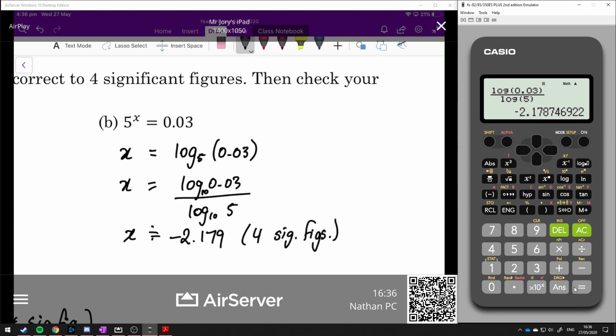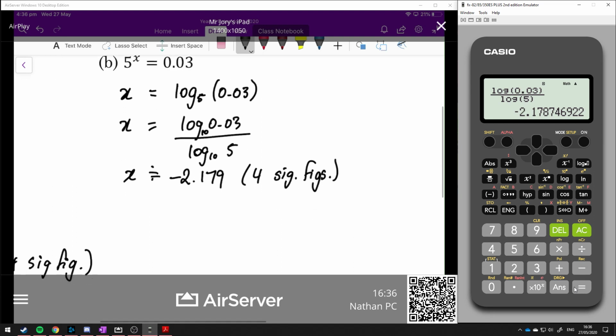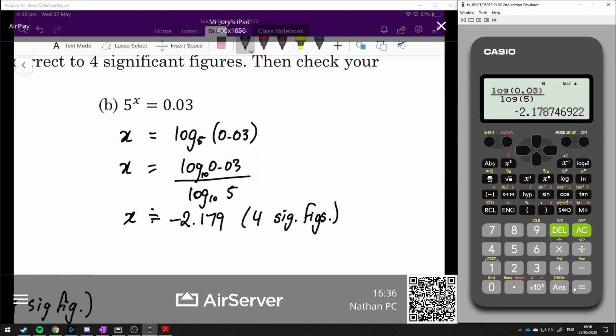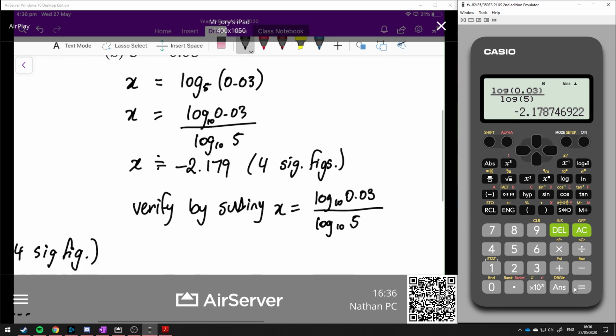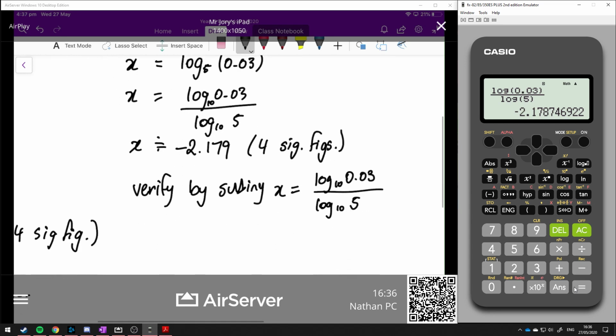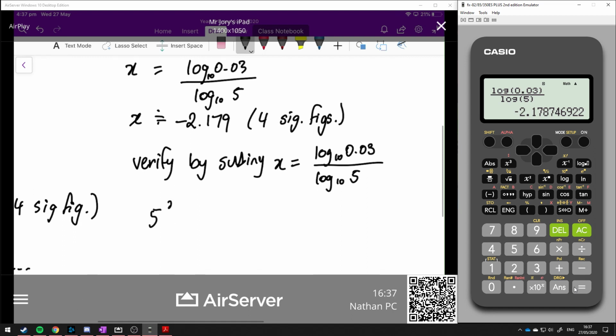Okay, so we can verify the answer again by substituting the value in, but I'm going to try to verify it by putting our change of base in. So by subbing x is equal to, and this is something that you wouldn't be expected to do every single time, but I'm going to verify it by substituting this change of base back in, okay? So our original equation was 5 to the power of x is equal to 0.03.